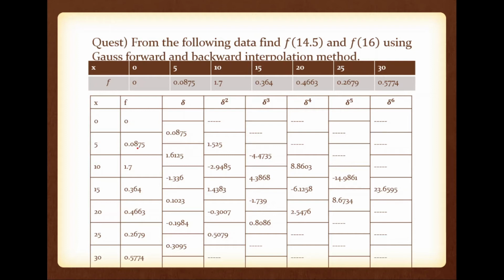So by using this data, the first central difference is determined. So 0.0875 minus 0 is 0.0875. 1.7 minus 0.0875 is 1.6125. This one is the central position.